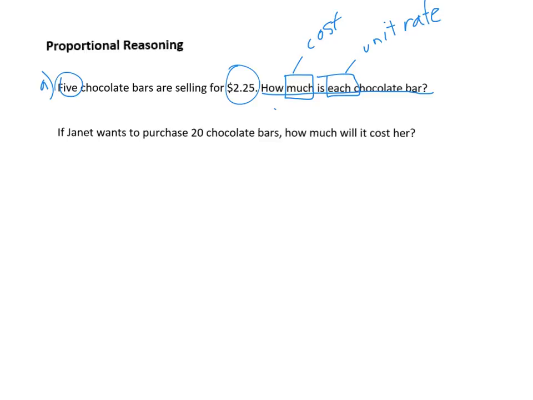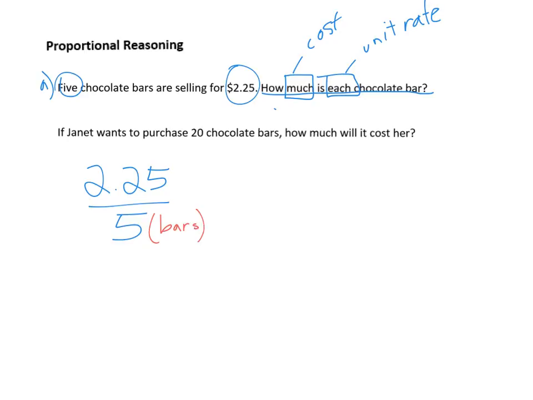Okay, so to do this question, first what I'm going to do is create a fraction. And my fraction is going to be $2.25 divided by 5, because I'm trying to find out how much each chocolate bar costs.